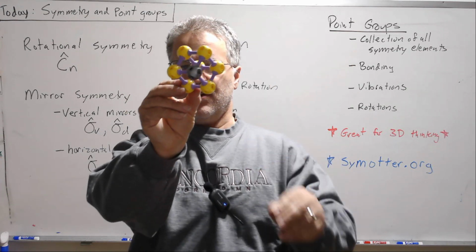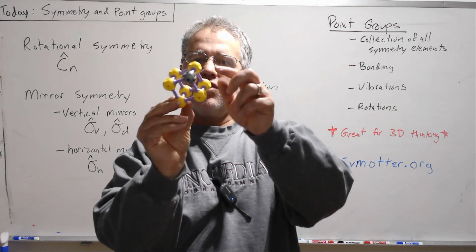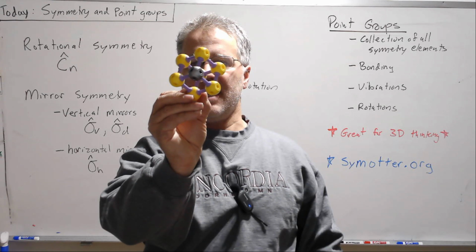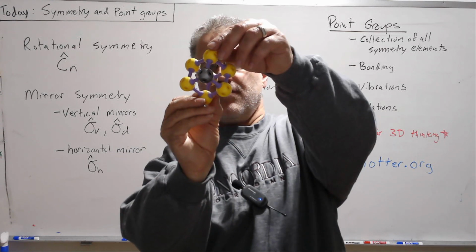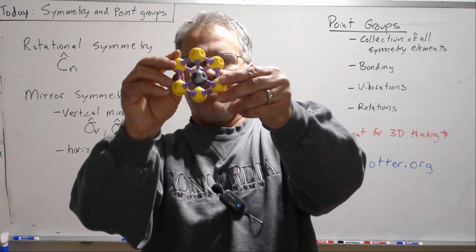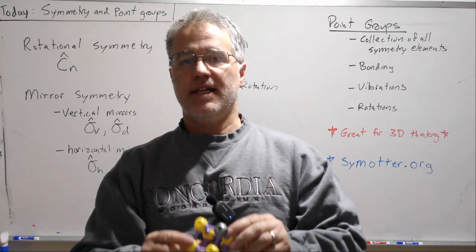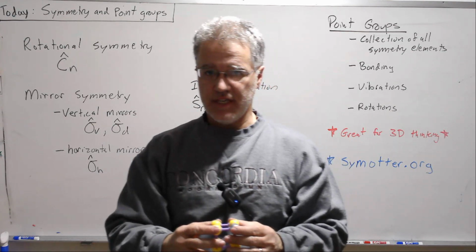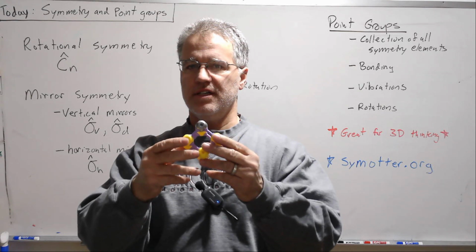I'll try to hold it so that this corner is obstructing the back corner like that. And hopefully you can see that there is a C3 rotation. And so it's C3. There's not going to be any other C3s because that would move this single one.